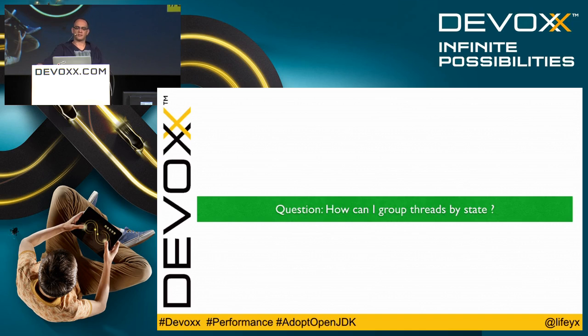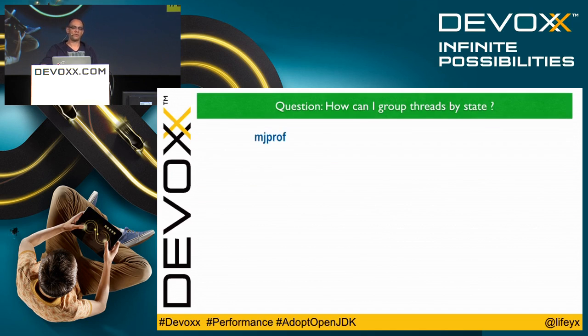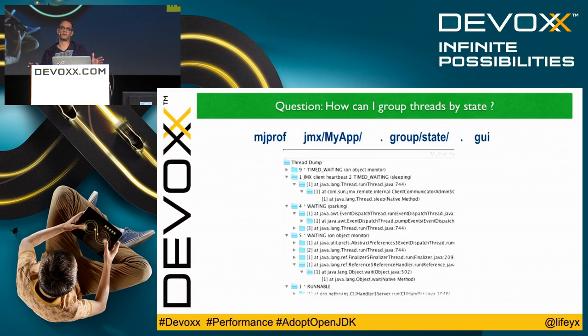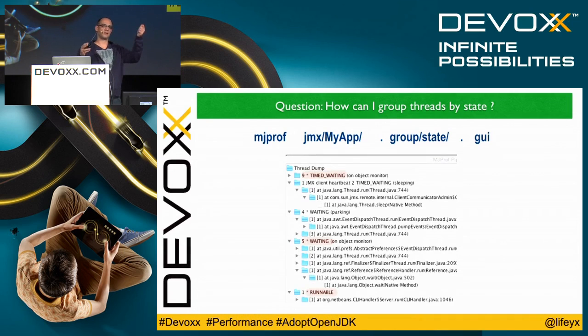Another question that we can ask ourselves is, I have a lot of threads, and I want to group them by state. I want to see what the threads that are, for example, in status waiting are doing right now. So this is where grouping comes in handy. mjprof can actually combine several stack traces into what is called a stack tree.